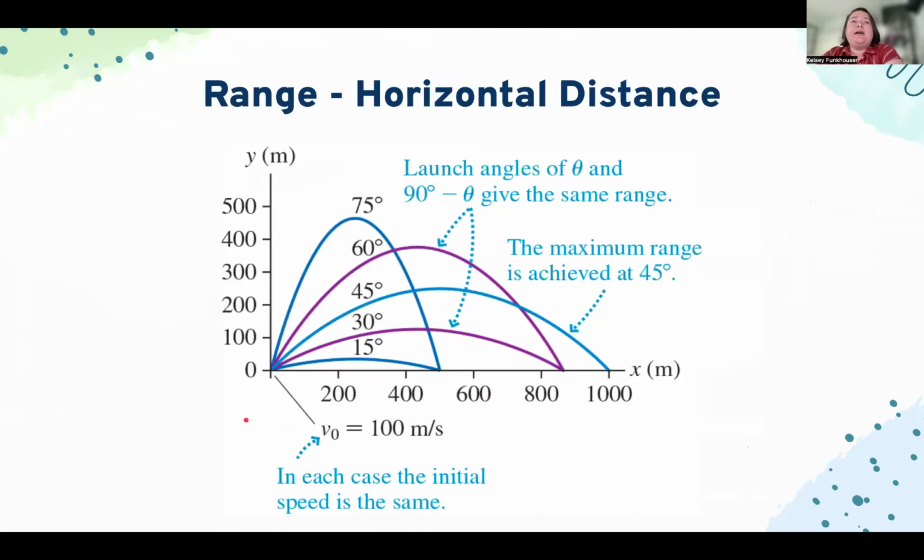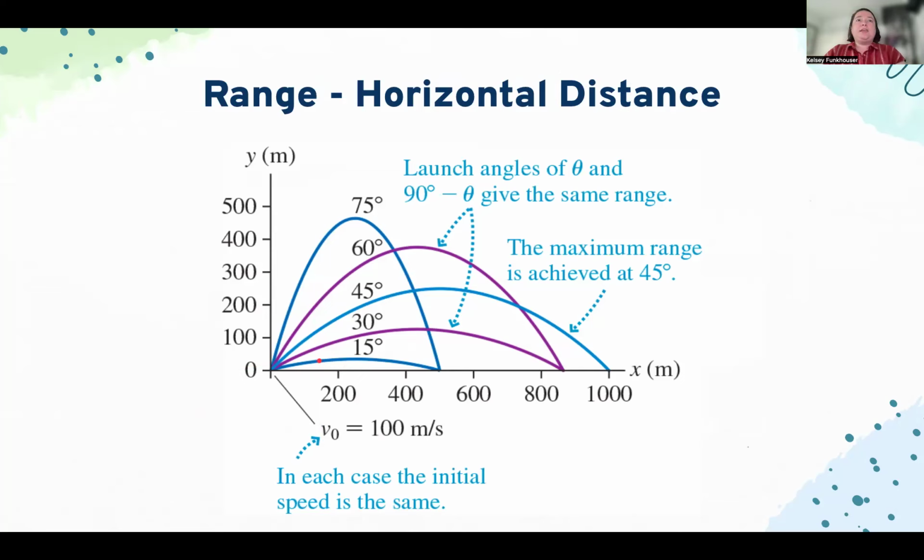I also want to note a couple things. So range is a term you might hear, and range is just the horizontal distance, or the distance in x. And one thing to note is that the launch angle affects the range.